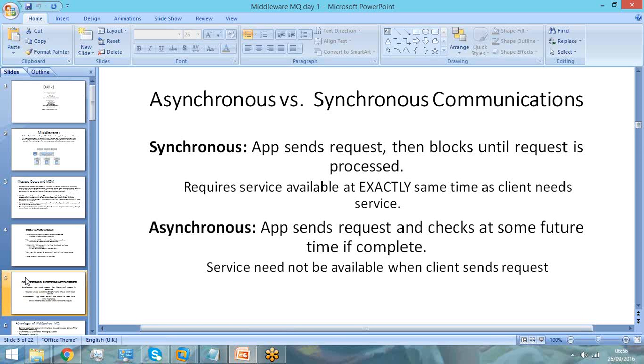Then the application will just send the message and forget about it. The application is not bothered if the destination to which the message should go is actually available at that point of time.